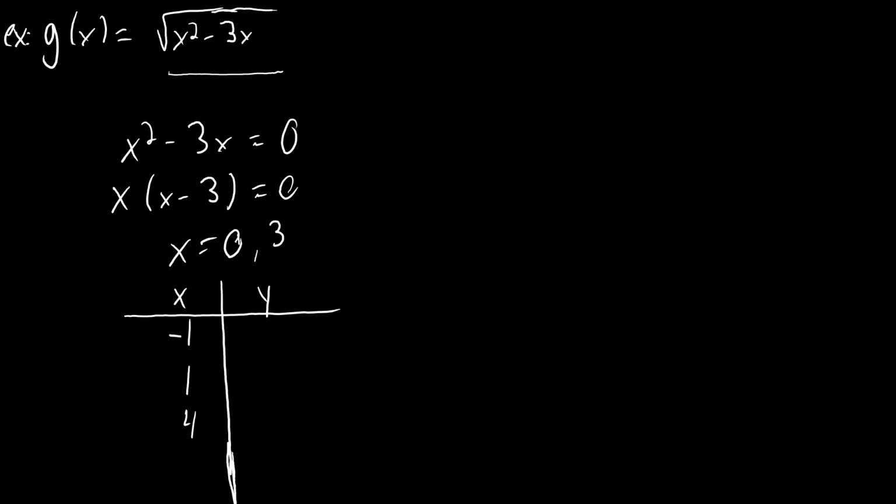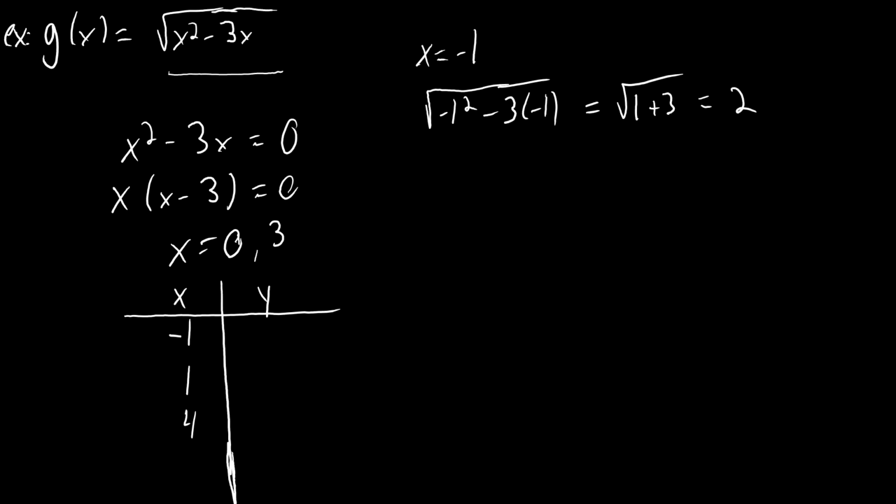Okay, so let's solve for x equals -1. You have -1 squared minus 3 times -1, so you'll have 1 plus 3, excuse me. That's going to equal 2. Okay, x equals 1. Do the same thing as above. 1 squared minus 3 is negative 2.